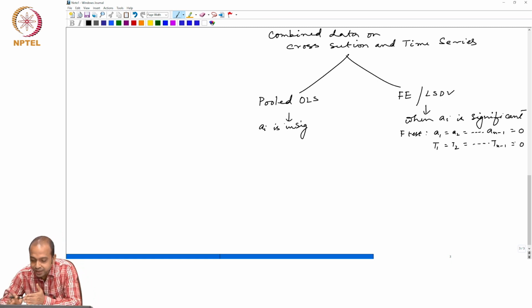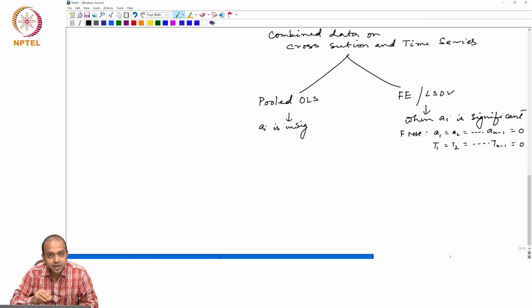If we do not check this, then it is not reasonable to apply the fixed effect transformation, because I have told you repeatedly that the OLS model is the most perfect and powerful model in econometrics. Unless it is required, we should never deviate from the OLS model. If there is no significant a_i factor in the model, then we should use a pooled OLS model. We combine the data and then simply run a pooled OLS model on that.